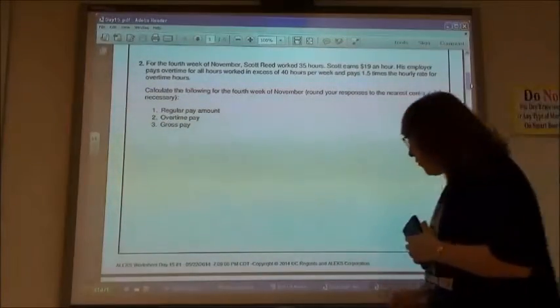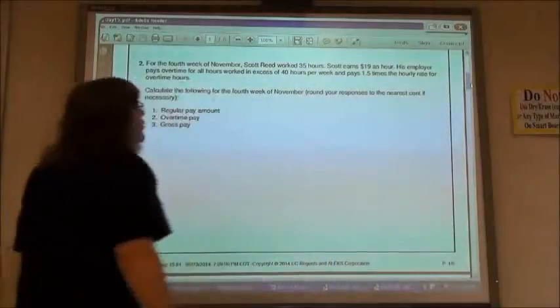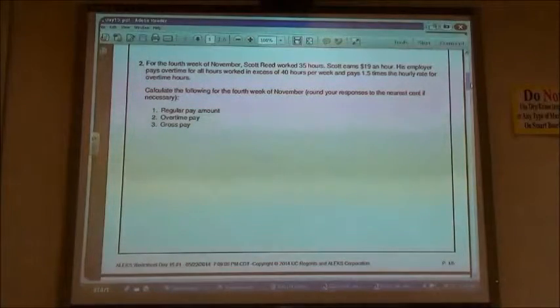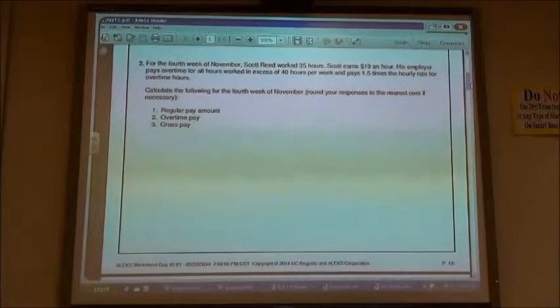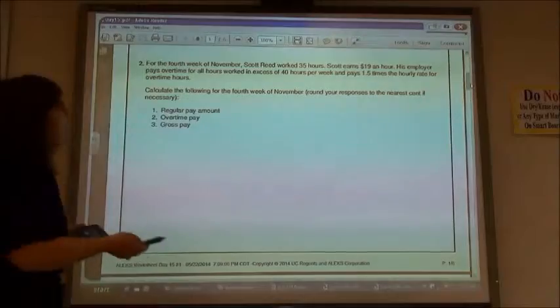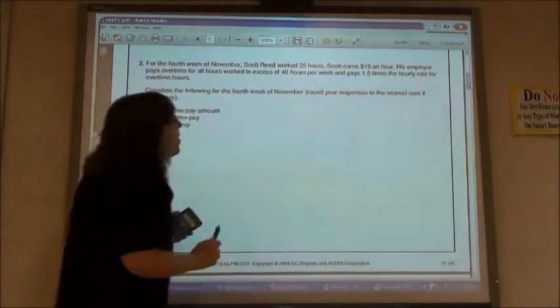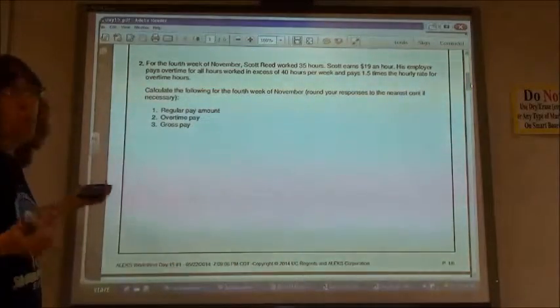Number 2, for the 4th week of November, Scott Reed worked 35 hours. Scott earns $19 an hour. His employer pays overtime for all hours worked in excess of 40 hours per week and pays 1.5 times the hourly rate for overtime hours. So again, Scott only worked 35 hours. All the hours he worked were regular pay.